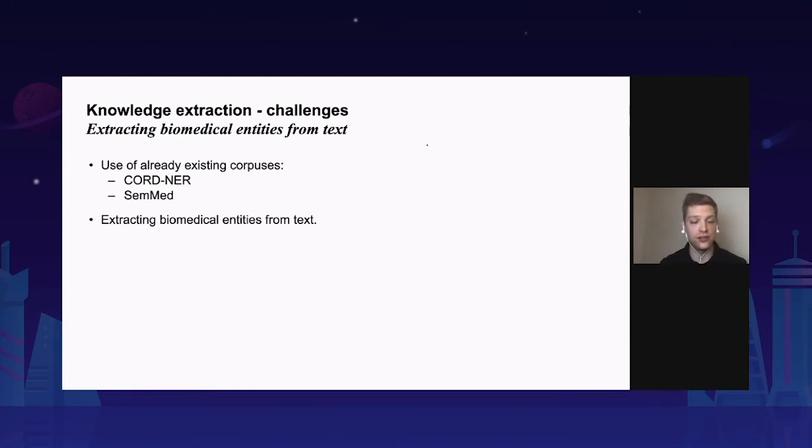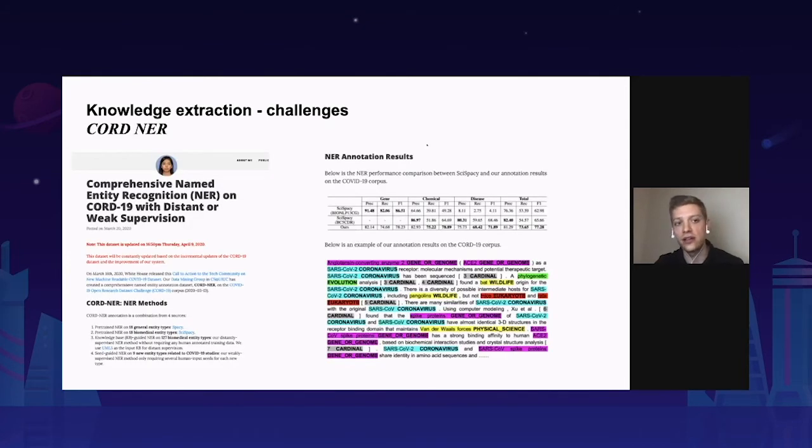Another way is just to extract biomedical entities directly from text, because sometimes not all of the textual data are already mapped to named entities. Starting from CODER, this is a data source which was created by people at UIUC, which contains already derived named entities.